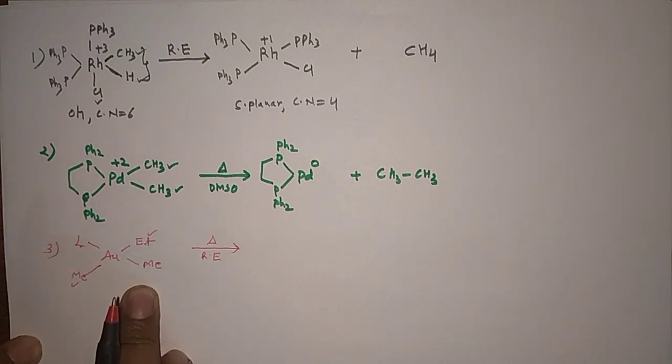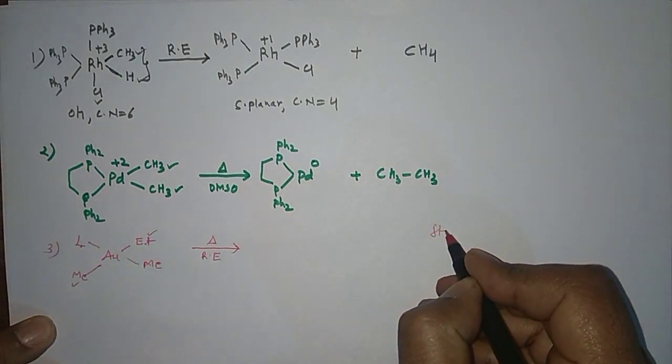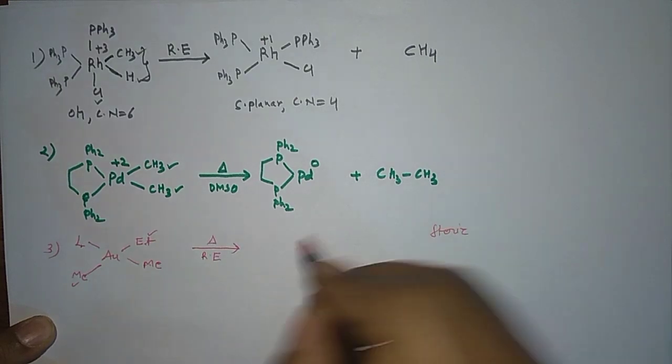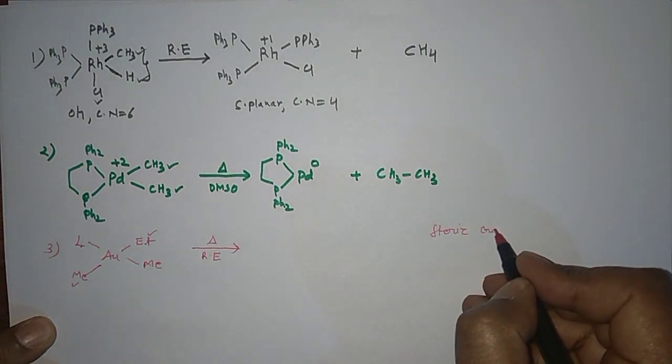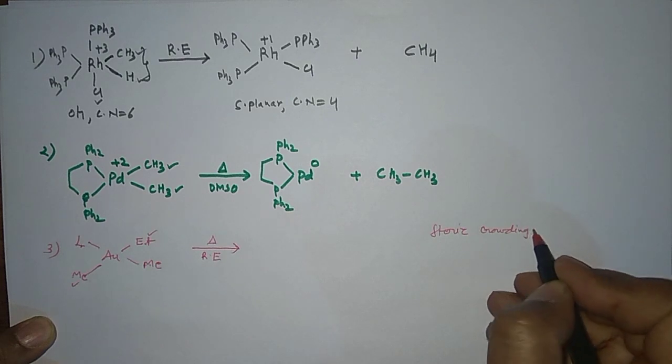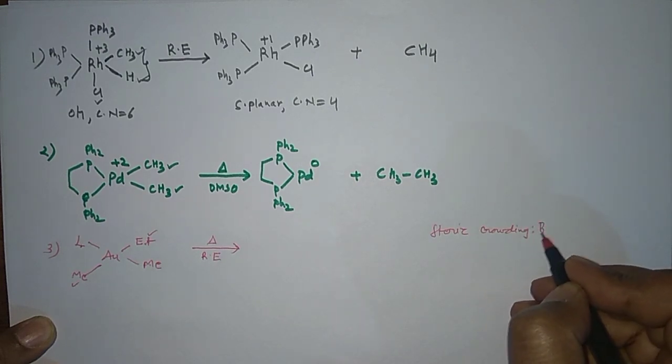Now, another very important aspect which you will learn is steric crowding. Actually, this point I forgot to mention in the features: steric crowding. So the bulky group will eliminate first.